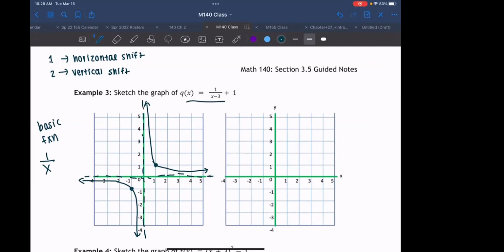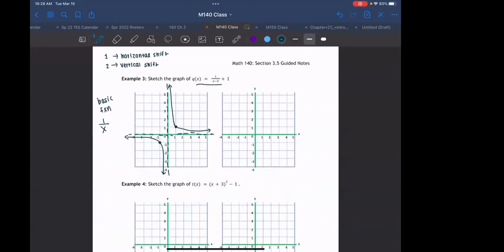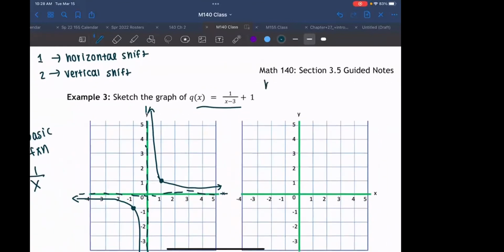And the question's, okay, we have a 3 and we have a 1. Is the horizontal shift dealing with the 3 or the 1 here? The 3, right? Because the 3 is closer to the x. The 3 is being subtracted from x. It's underneath the fraction here. So we're going to move horizontally, horizontal shift 3 to the, is it to the right or to the left here?